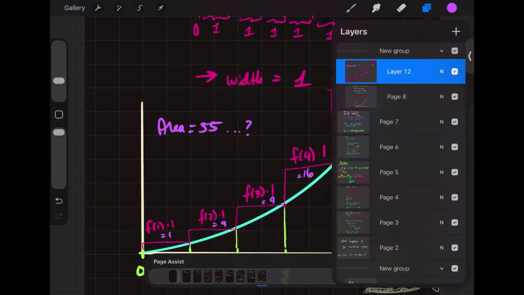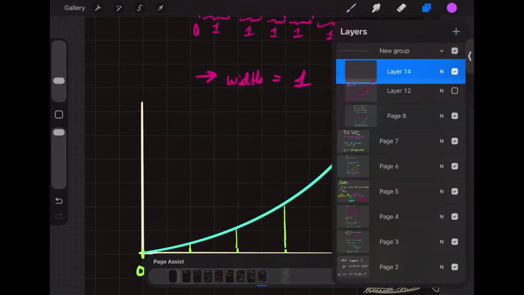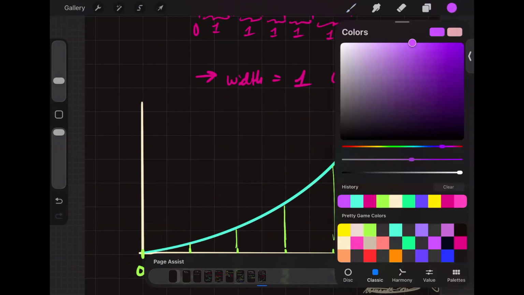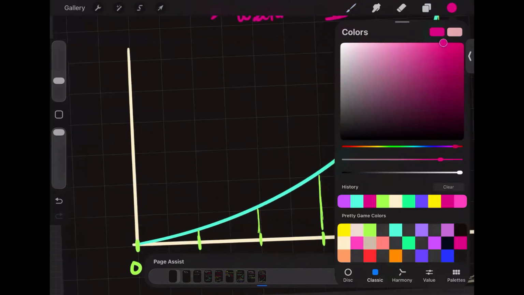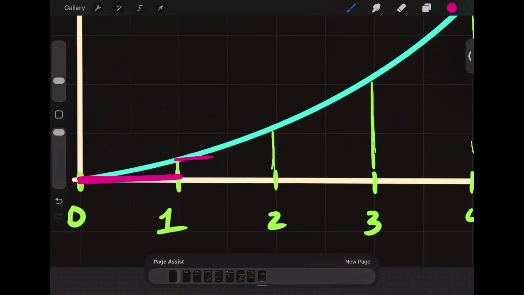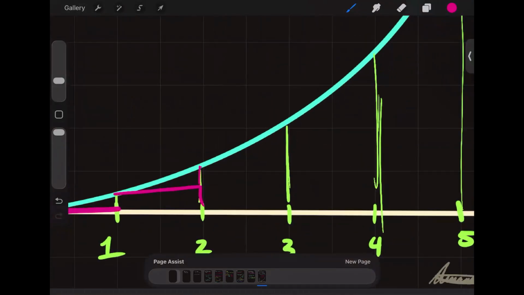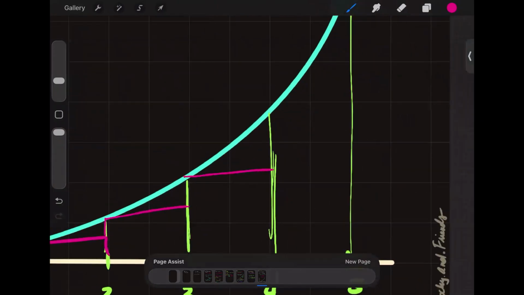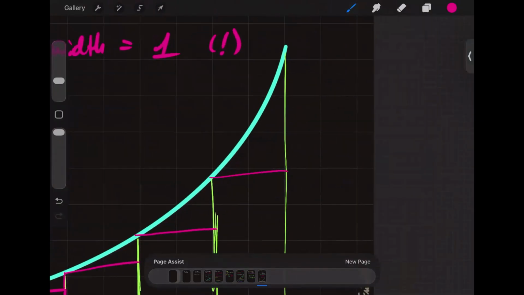Wait a minute. What if I broke my rectangle down a little bit differently? What if I said I want this to be the height of my rectangle, and this, and this, and this, and that?